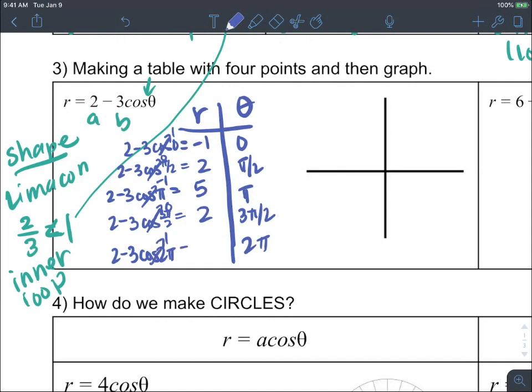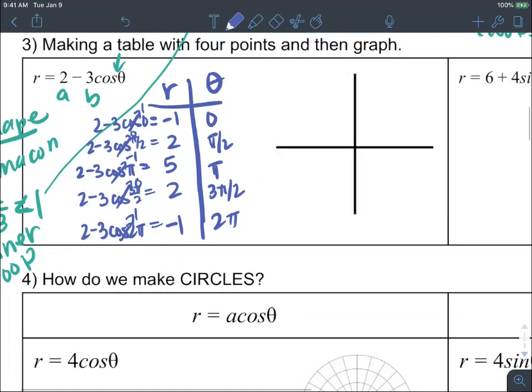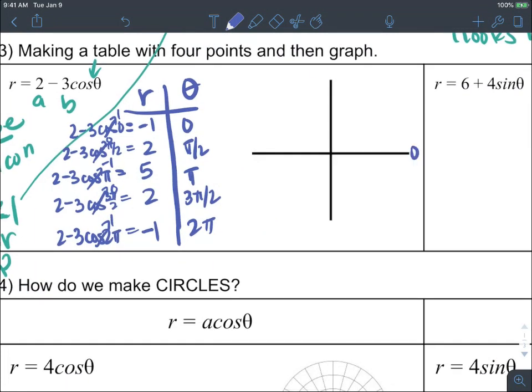Okay, so we're going to graph these at 0, pi over 2, pi and 3 pi over 2. So at 0, I'm facing 0, but it's a negative 1, so I'm going to go back 1. At pi over 2, it's a positive 2 radius, so I go towards pi over 2.